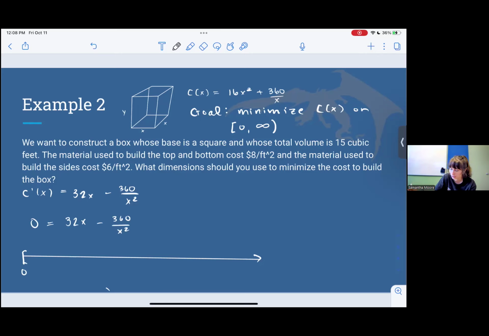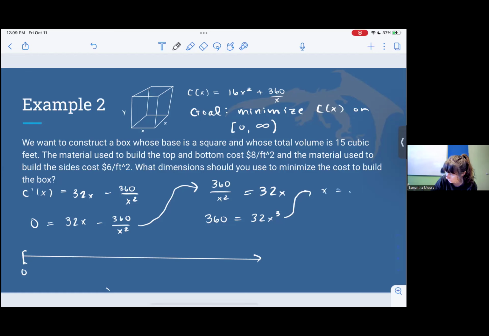By adding 360 over x squared to both sides, we get that 360 equals 32x cubed. So x is going to be the cube root of 360 divided by 32 when you solve that all out.